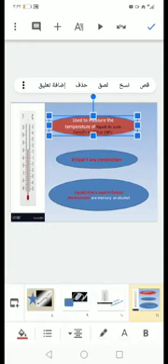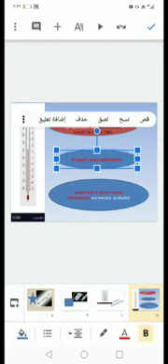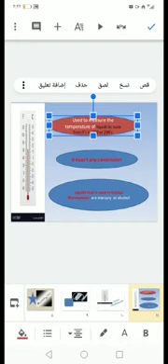For example, when we put a Celsius thermometer in hot water or cold water, it will measure the temperature of the liquid, hot or cold, like when you put it in ice or in hot water. So it's used to measure the temperature of liquids.